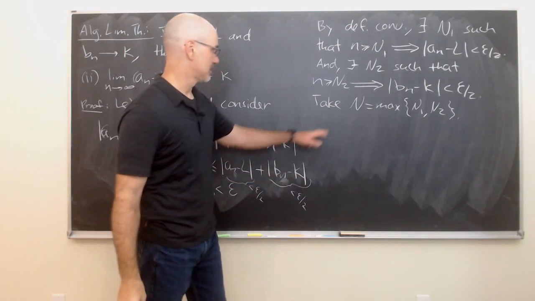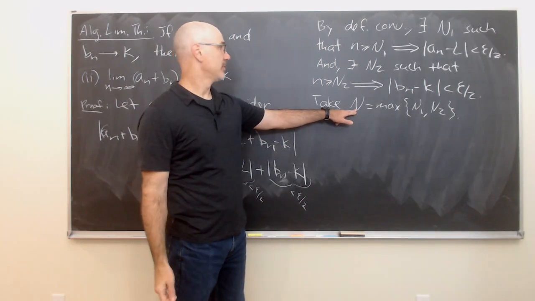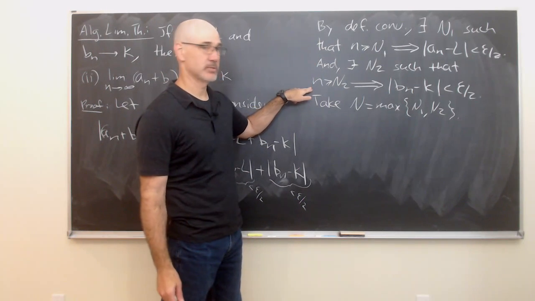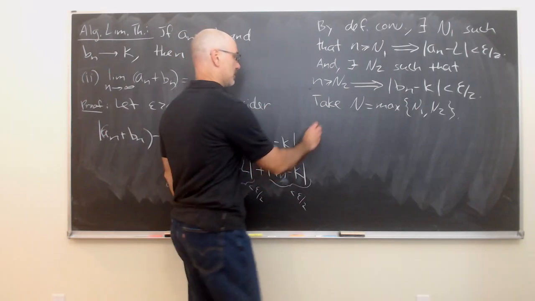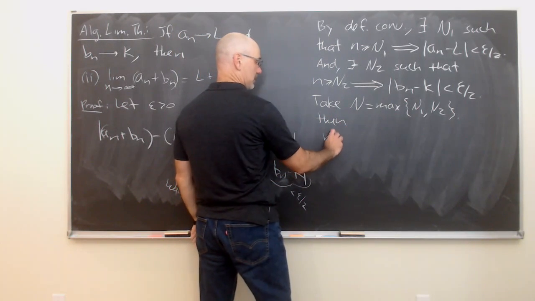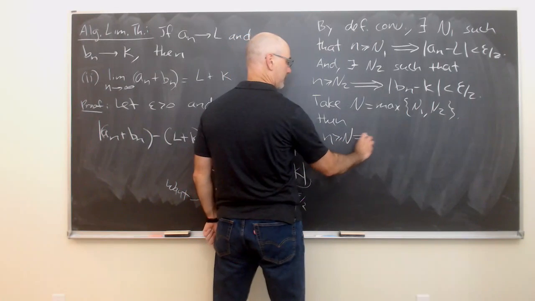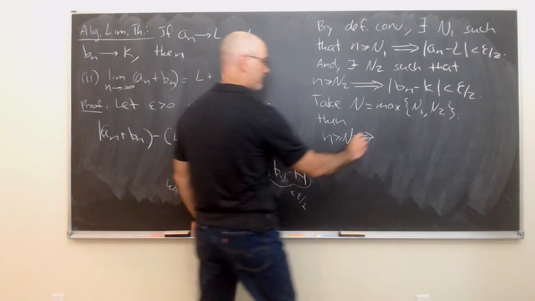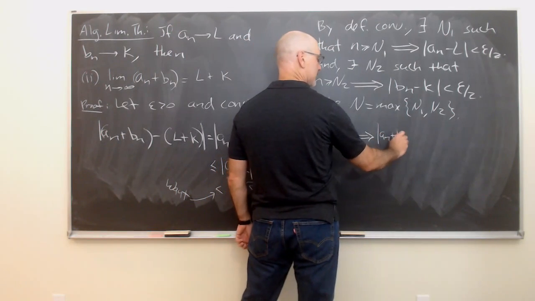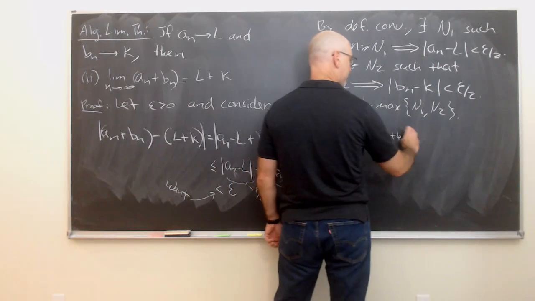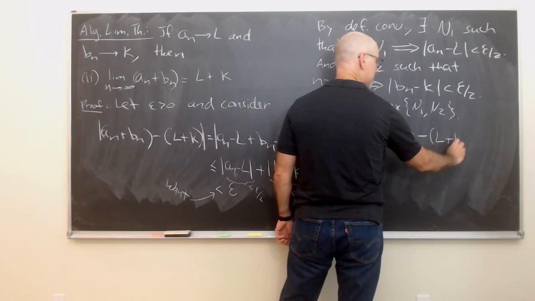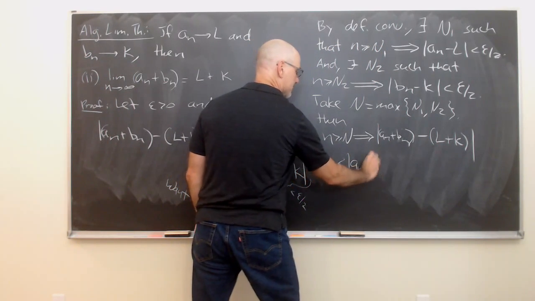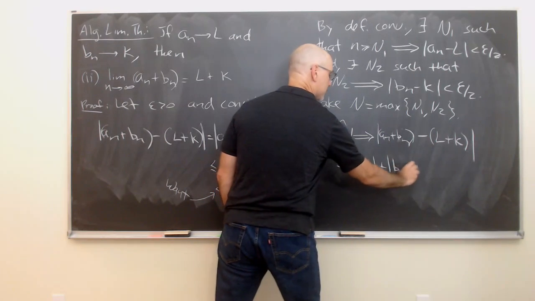Now, if little n is larger than this capital N, then both inequalities, the inequality for each of the sequences, hold at the same time. So then we have n larger than capital N implies, and now let's finish this up, that |a_n + b_n - (L + k)|, which is less than or equal to |a_n - L| + |b_n - k|.